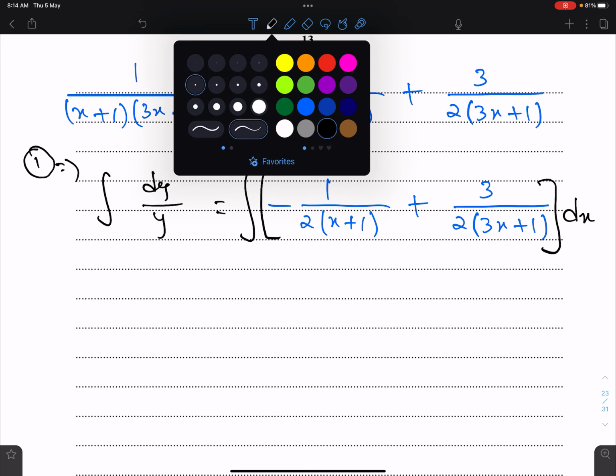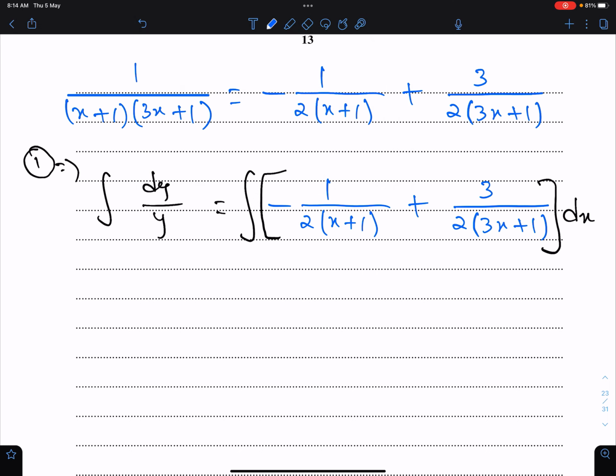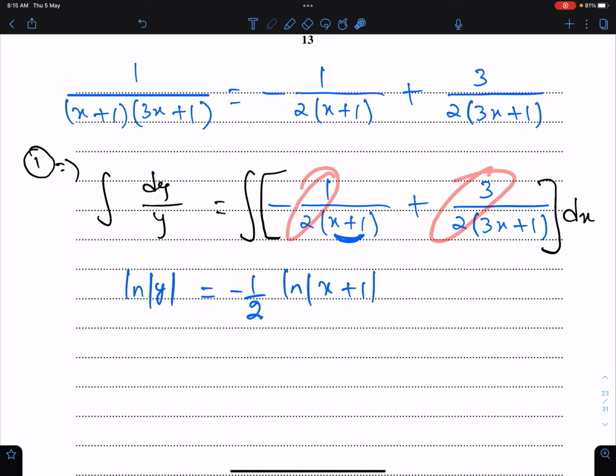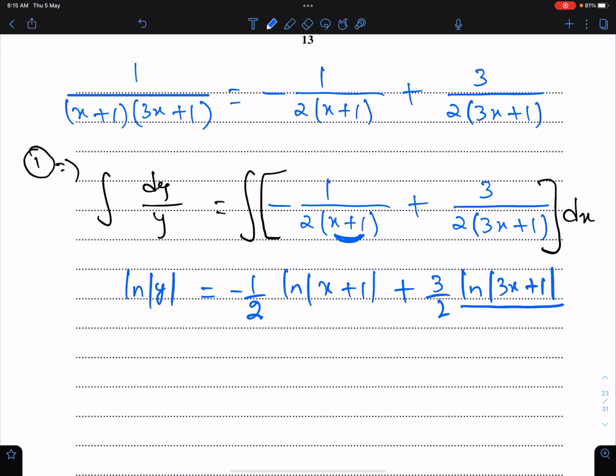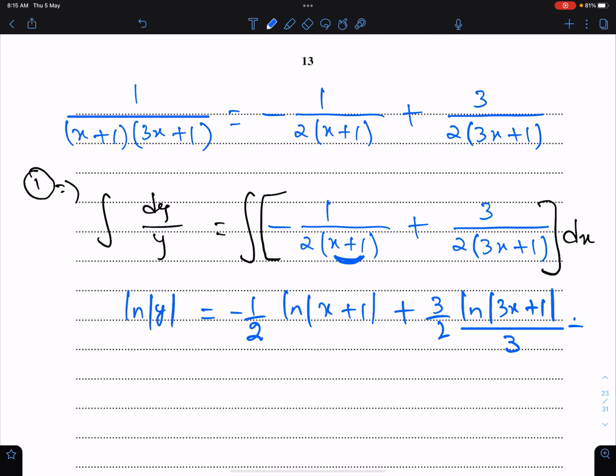So when we integrate the left hand side, we will get ln modulus y. Minus 1 upon 2 is common. So the integral of this 1 upon x plus 1 is ln modulus x plus 1. Always take the coefficients common. 3 upon 2 common, ln modulus 3x plus 1, and the differential of 3x plus 1 is 3, and the constant of integration, which is c.